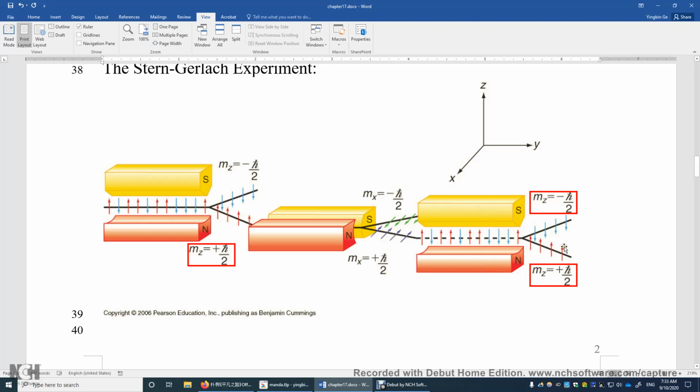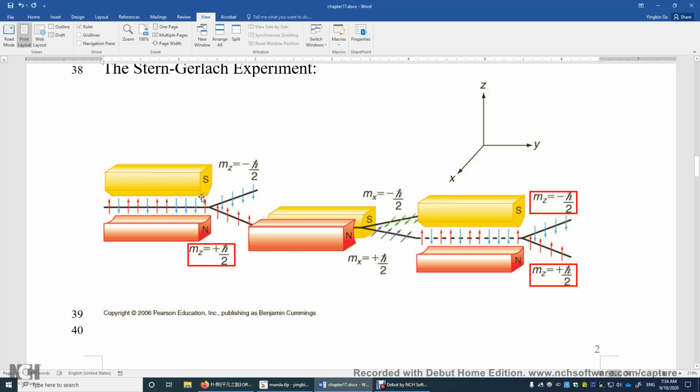All right, so let's pick these electrons, all these electrons, and allow them to pass through another magnetic field in the x direction. Surprisingly, again, you will find half of the electrons move away from us, half of the electrons moving toward us, despite the fact that we have pre-selected the electrons that move toward us. So why is that possible?